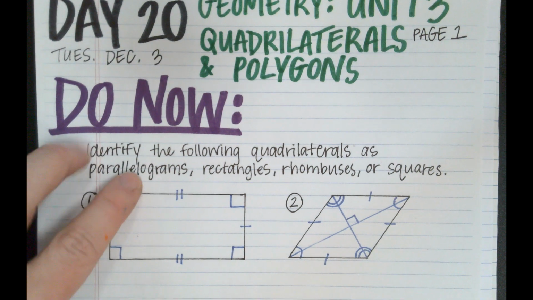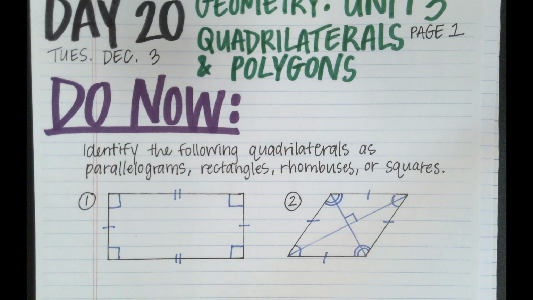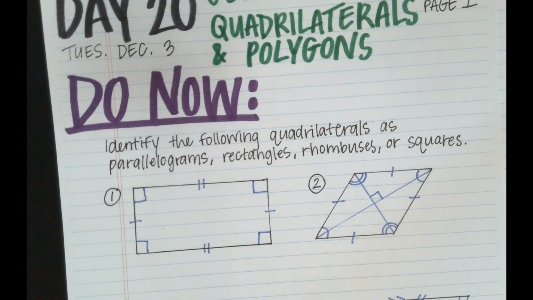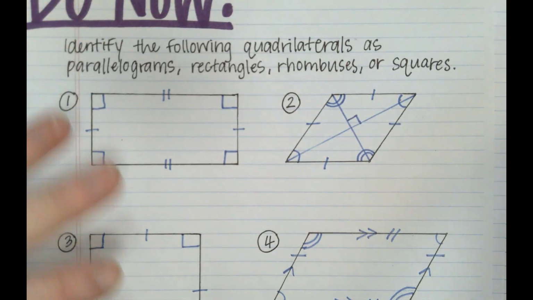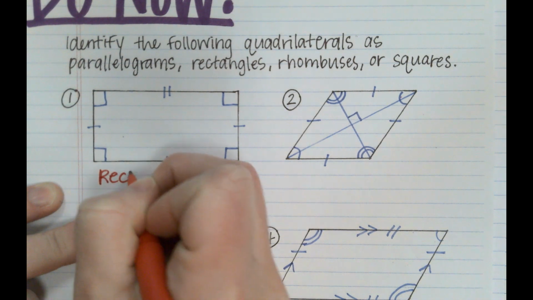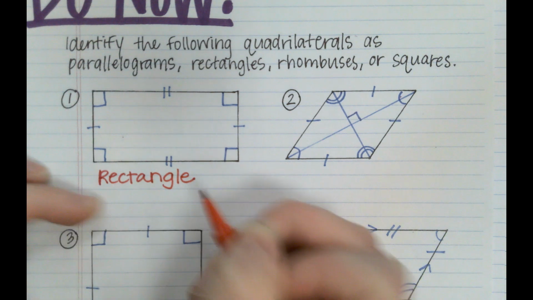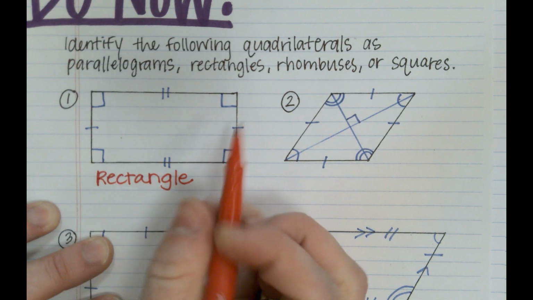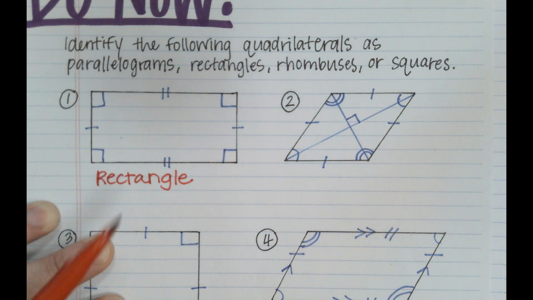So I wanted you to identify these quadrilaterals as parallelograms, rectangles, rhombuses, or squares. Number one, what kind of shape is that? Rectangle, very good. Why is that a rectangle? How do you know it's not a different one? Because all angles equal 90, and then all sides are the same. Are all sides the same? No. So what are the sides then?